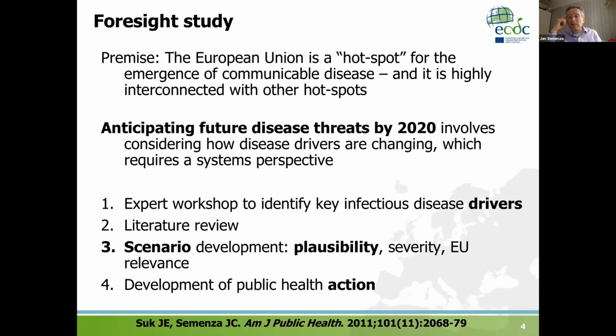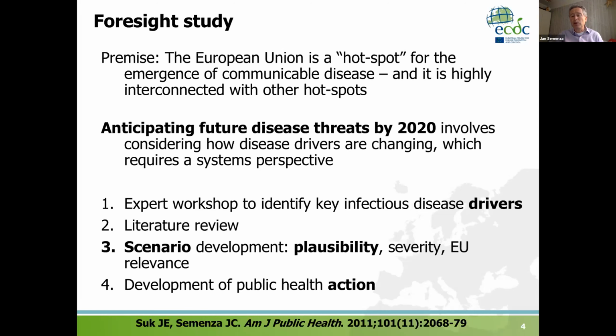And then we developed public health action, how every single event can potentially be countered with specific steps in the public health infrastructure to prevent the fact that we get potentially overrun as we have for COVID-19. So this is what we outlined in this paper with all the different actions that need to be taken.